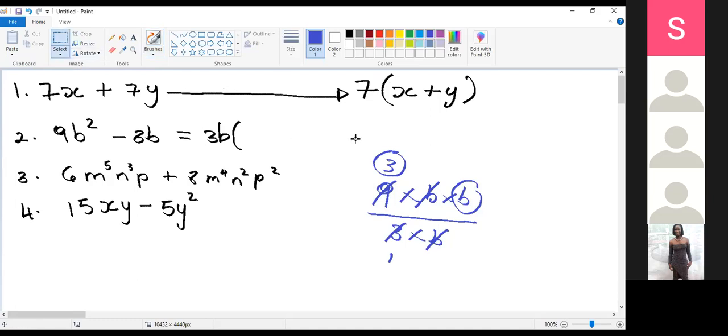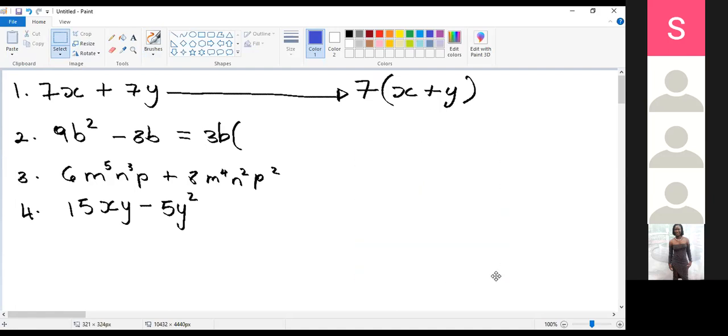You don't have to, but if you are in doubt, so 3b into 9b squared, you are left with 3b, and 3b into negative 3b, you're left with what? Negative 1.